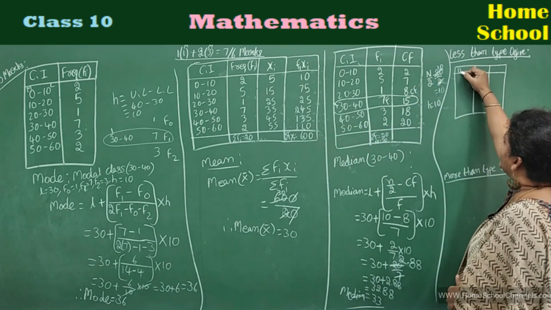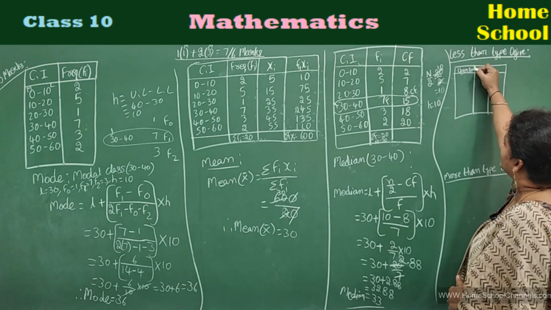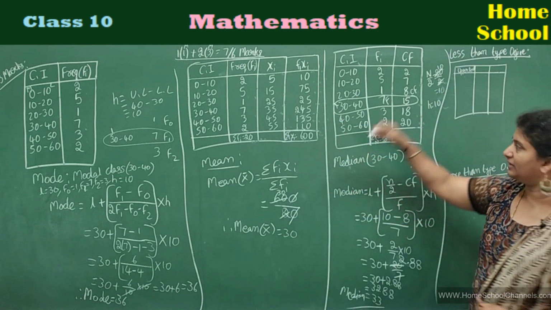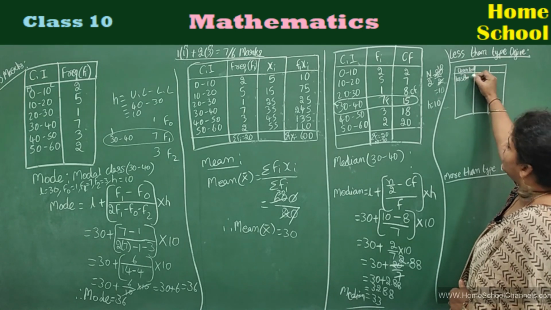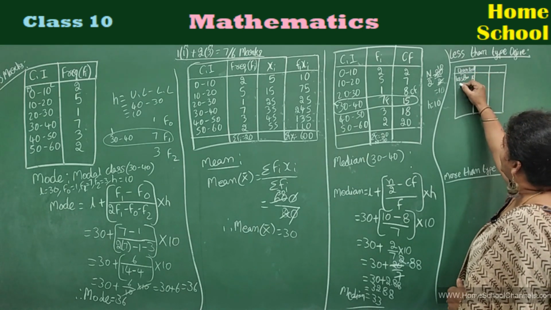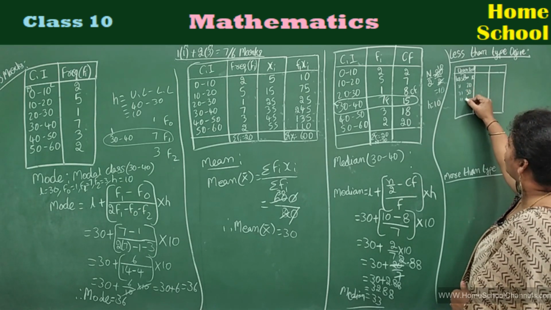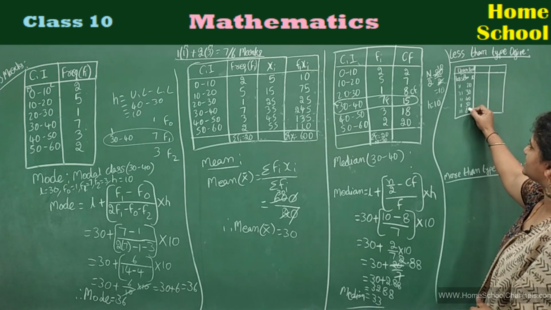Right? I can write here upper limit. I'm going to consider for less than type ogive only upper limit. And write here less than 10, less than 20, less than 30, less than 40, less than 50, less than 60.